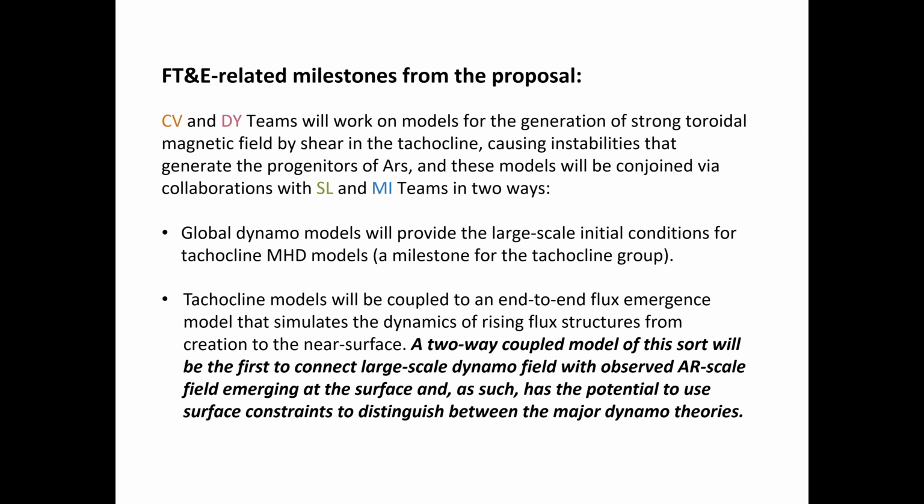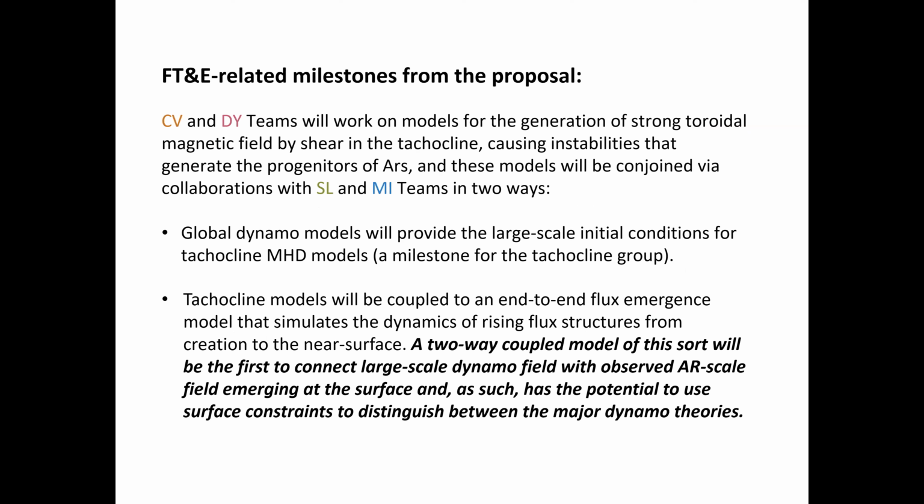Okay, so, to complete the granularity, going from coarse granularity to higher resolution, the proposal defined a bunch of milestones related to the flux transport and emergence theme. I won't go into these in detail necessarily, but I want to highlight a couple of things that jumped out at me.